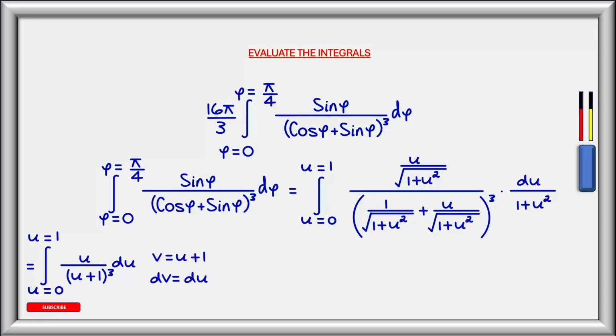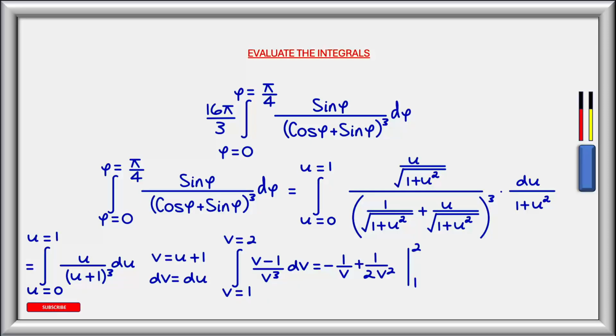And to evaluate this one, we'll make one more substitution. So we let v equal u plus 1, and it follows that dv is equal to du. And making the substitution and changing the limits of integration to reflect this, we have the integral from v equals 1 to v equals 2 of v minus 1 divided by v cubed dv.